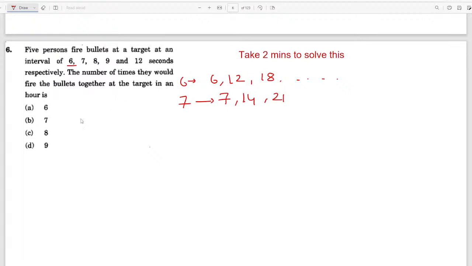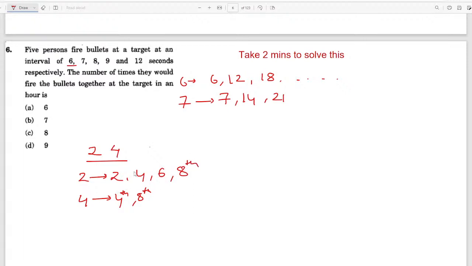To simplify this, if there are only 2 people, and one person is firing every 2 seconds and another person is firing every 4 seconds, when will they fire together? This guy will fire at the 2nd, 4th, 6th and 8th second. This guy will fire at the 4th second and 8th second.